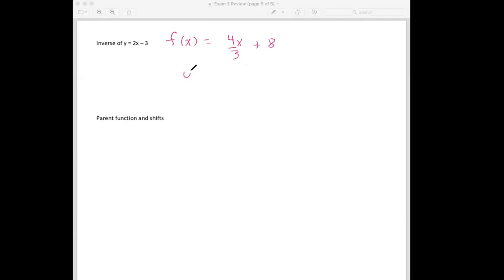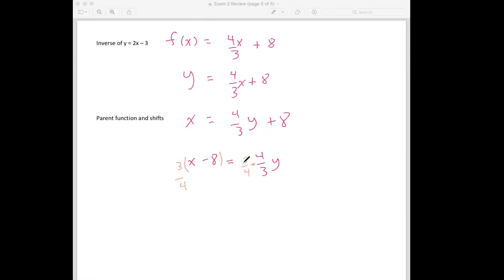First, we switch f of x to y, equals 4/3 x plus 8. Then we switch the x's and the y's, so this becomes x equals 4/3 y plus 8. Now we solve for y, so we subtract 8 from both sides. x minus 8 equals 4/3 y. We multiply now both sides by 3/4 to get rid of that.